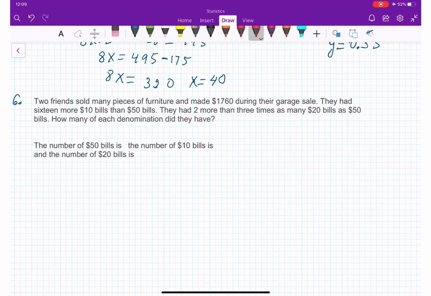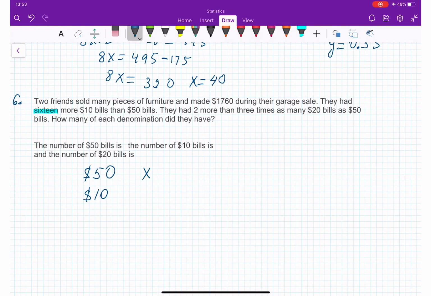We have the $50 denomination bill, right? And how many do we have? X, because we don't know. Next, the $10 denomination bill. What does it say about $10? Here it is, 16 more $10 bills than $50 bills.